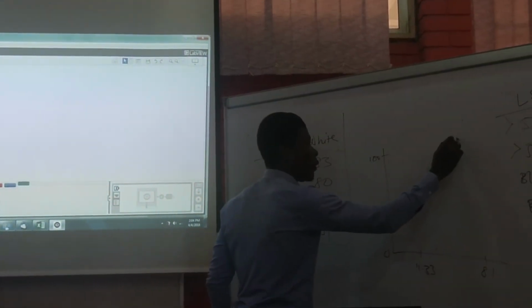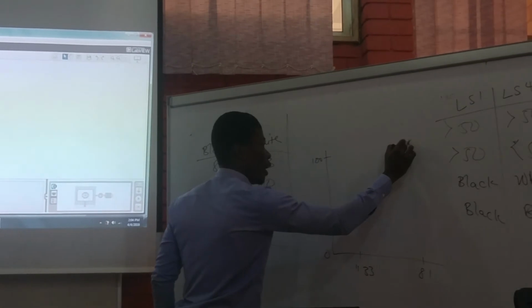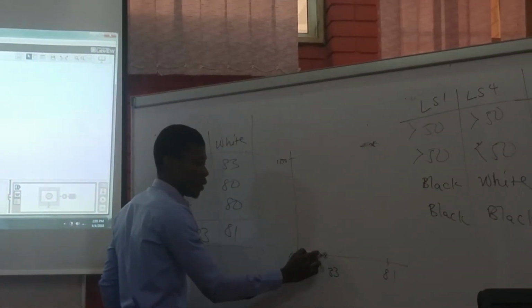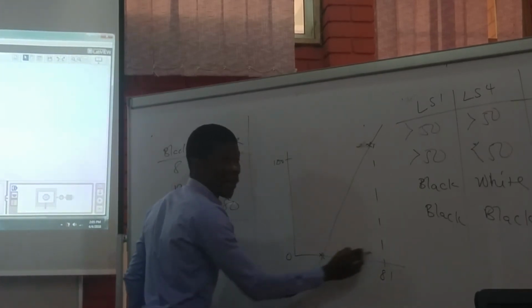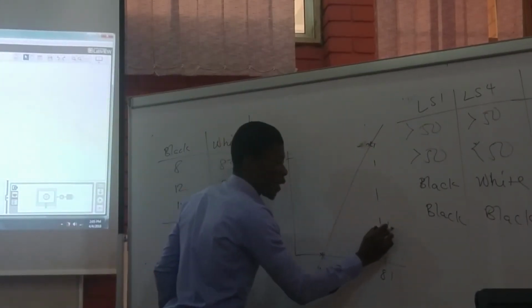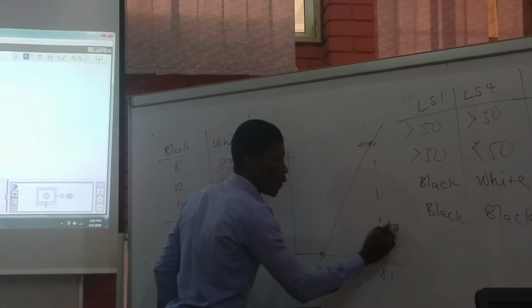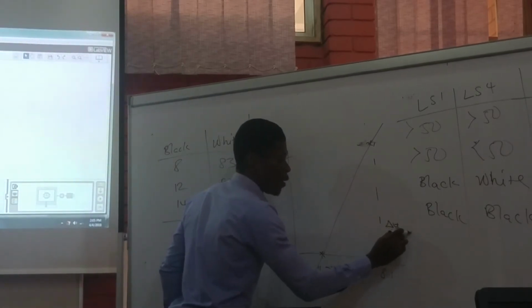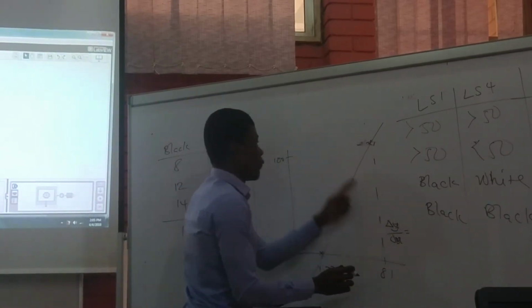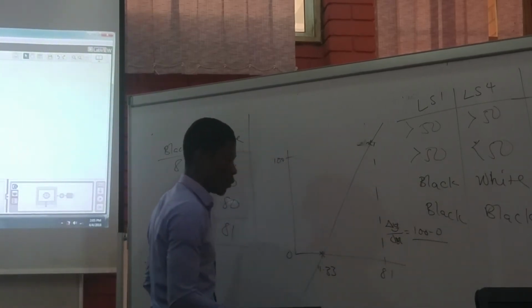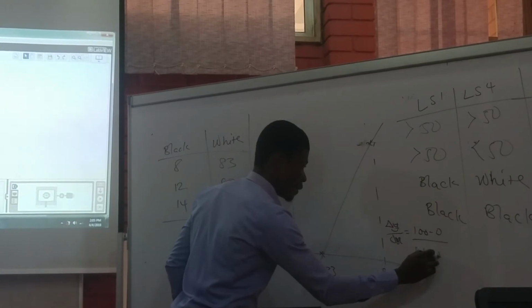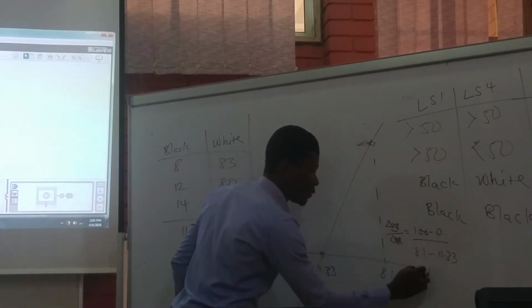So when we expected 100, we got 81, and when we expected 0, we had 11.33. That gives us this line. So we need the gradient, right? How do we calculate the gradient? Changing y over changing x. So we have changing y as 100 minus 0, changing x as 81 minus 11.33.